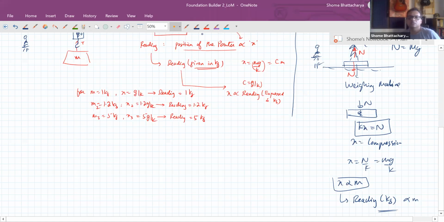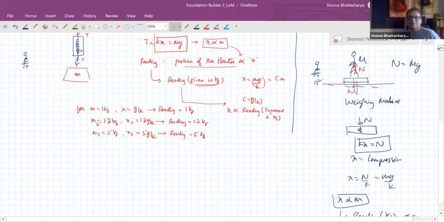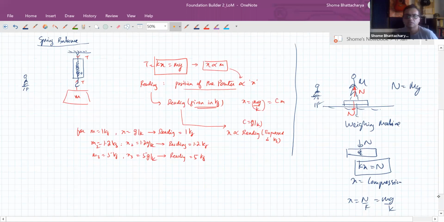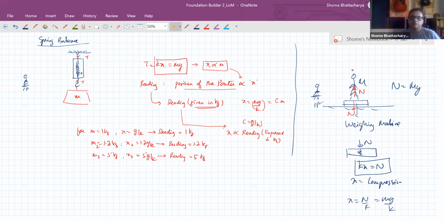Both of these devices, which are used to measure the mass of an object, work on the physics of the spring. When you load the spring from above with a normal reaction force, it gets compressed, and the compression is proportional to the force, and therefore proportional to mass.